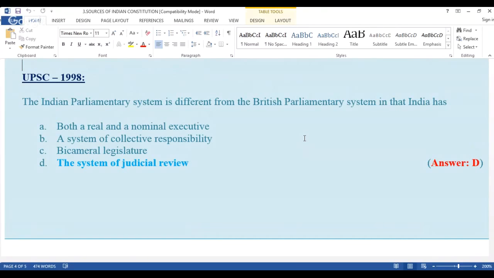We know what is the meaning of the judicial review, and the concept of judicial review we borrowed from United States of America. But whereas in UK, what happens is that, in the previous question we saw that there is a topmost court in the country, which is considered to be the final interpreter of the Constitution.